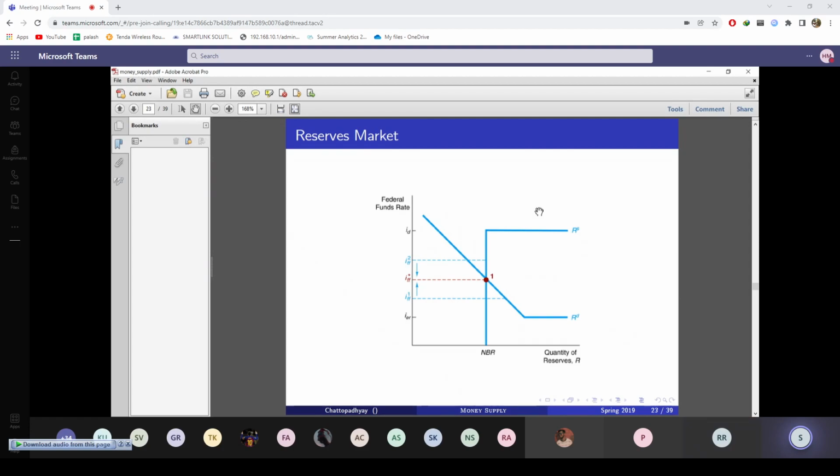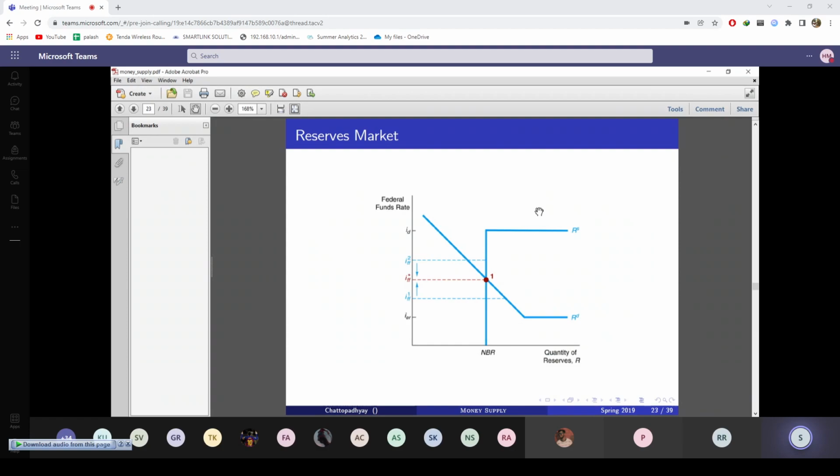When they feel that they do not have enough reserves to meet the daily withdrawal requirement, or there is more loan demand and they do not have enough funds, they sometimes borrow from other commercial banks. And commercial banks also borrow from each other, right?